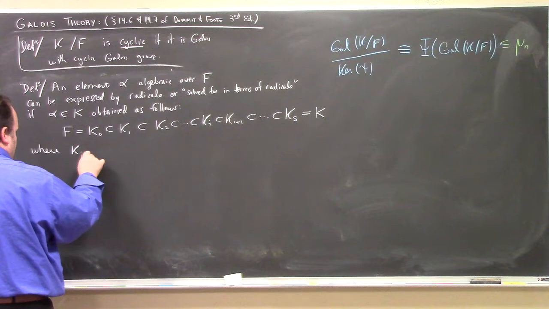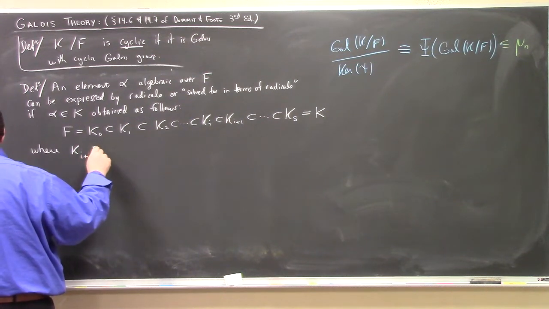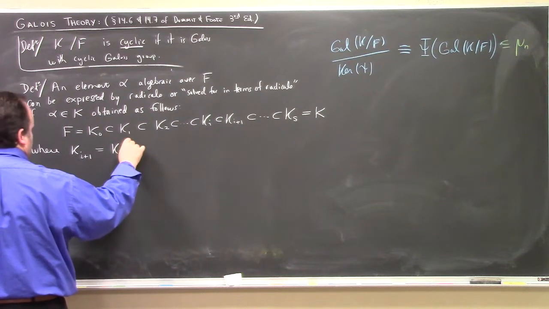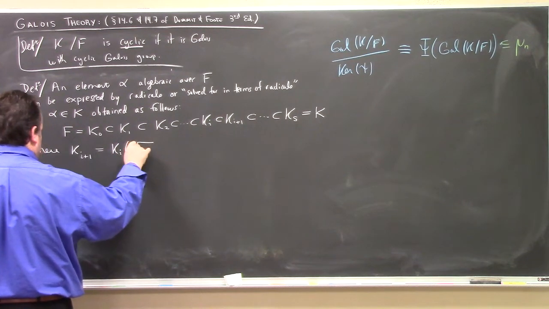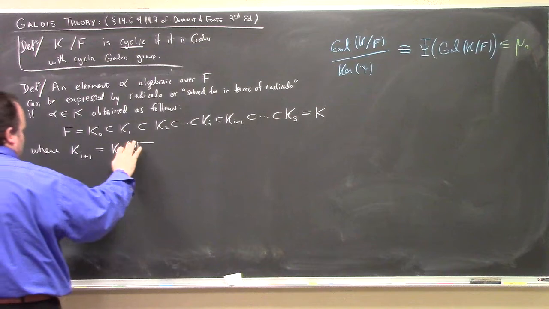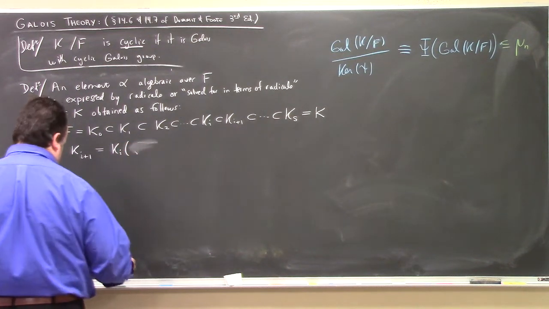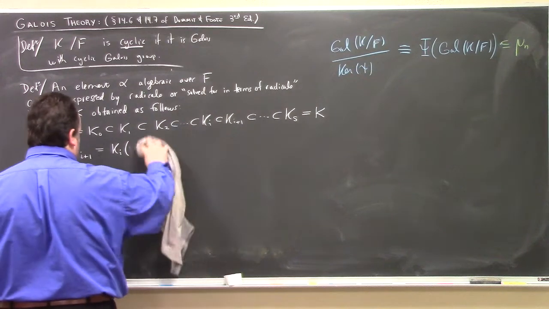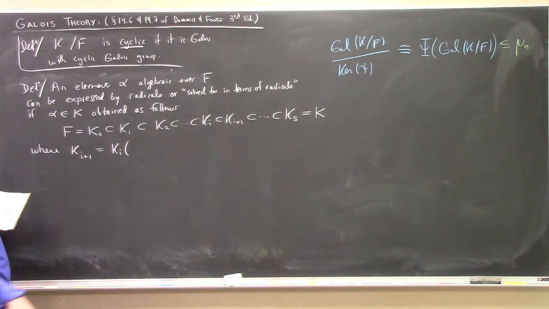So Ki+1 is equal to Ki extended by the nth root. Excuse me, it's worse than that. I have to put a subindex on that n. It's not the same n at every step.